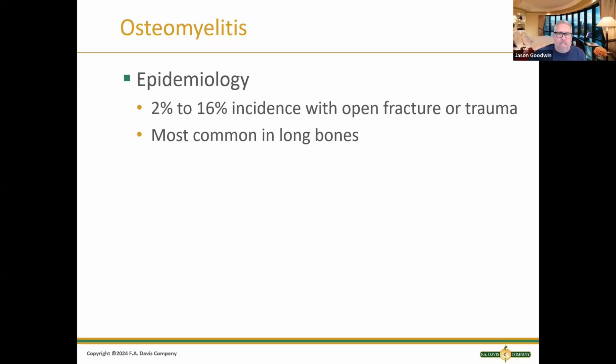Then you have non-hematogenous infection, and that's an infection from an open trauma or a fracture, and that's about, like I said, 2 to 16% of the cases. Then you have chronic osteomyelitis, which would happen from things like a diabetic ulcer, right? And it just continues to be infected, and it doesn't go away.